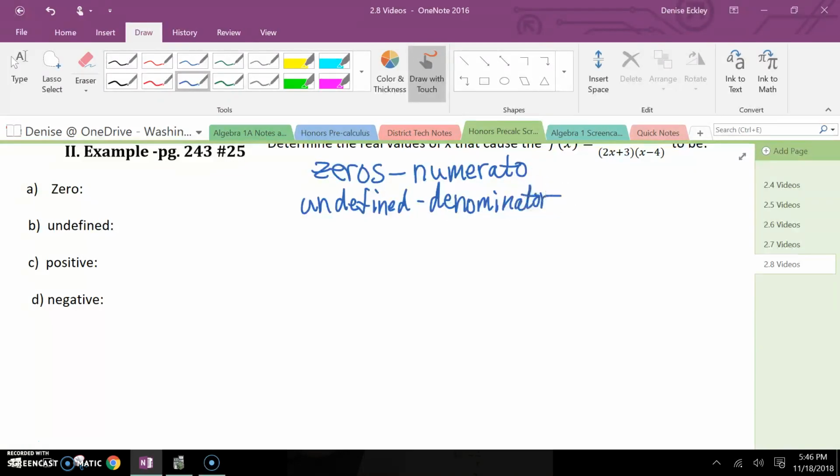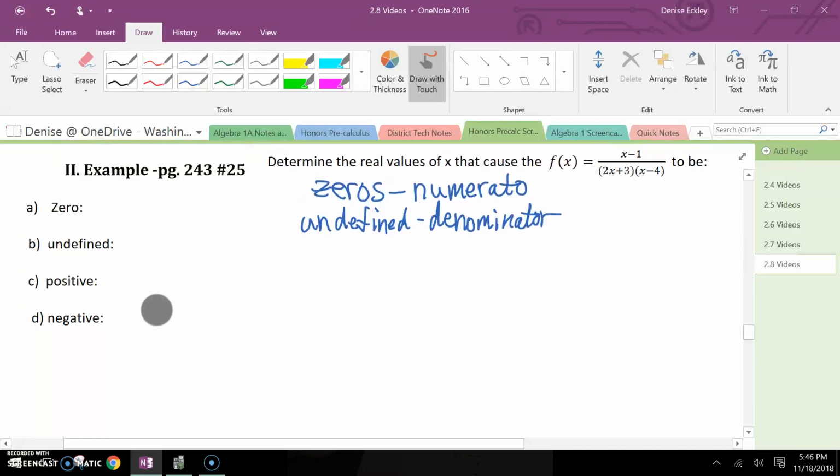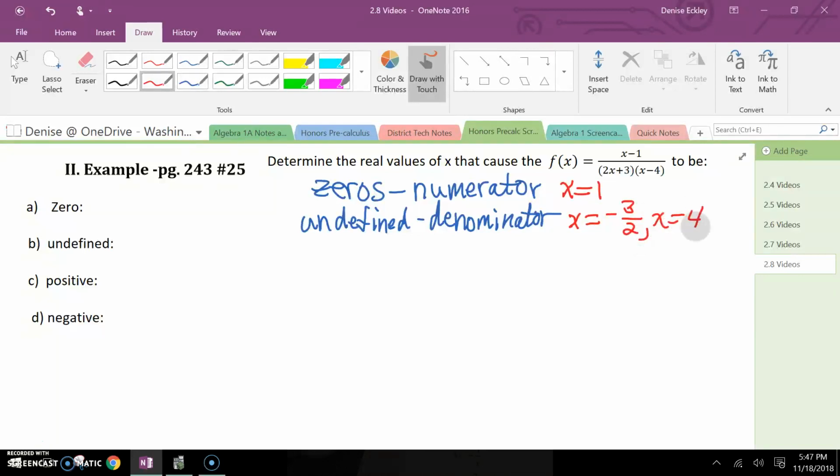And when we look at the function, what we're going to see is that the values in the numerator that could be 0 are really just one value, which is x equals 1. In the denominator, we have two values that make it undefined, and that is that x equals negative 3/2 and x equals 4.